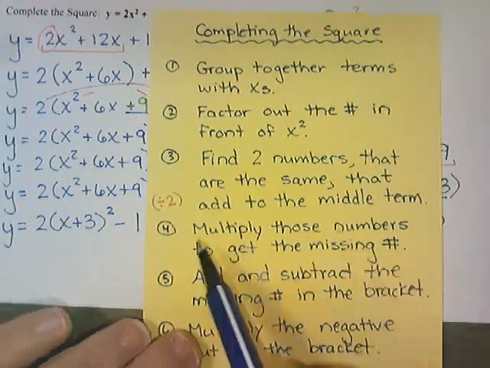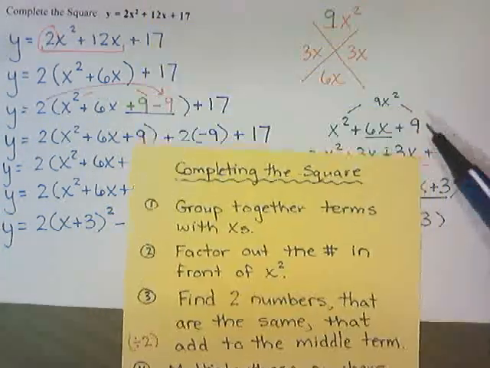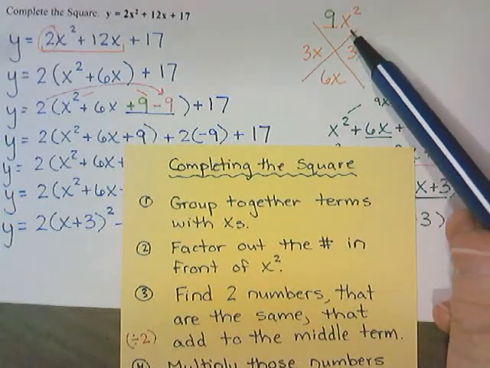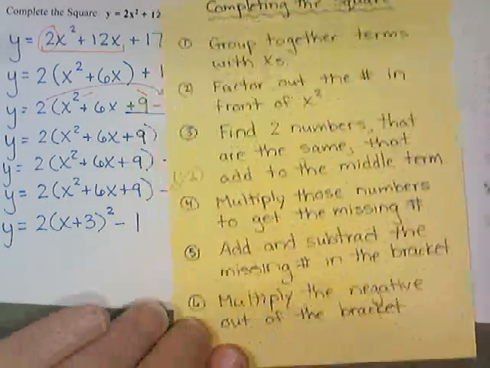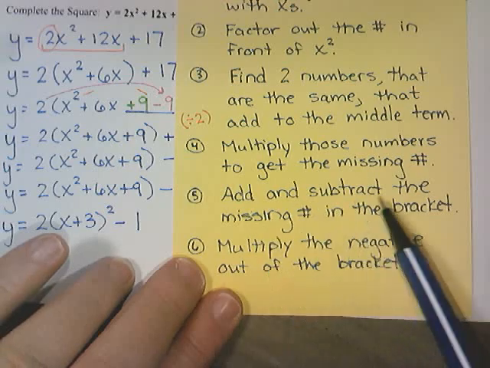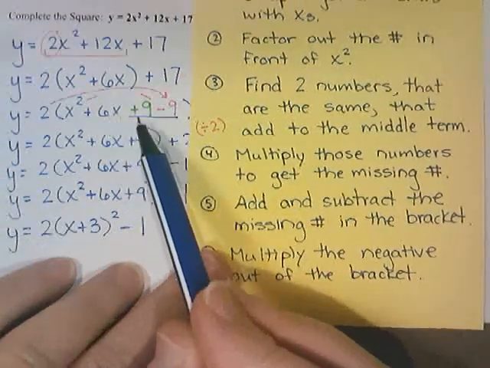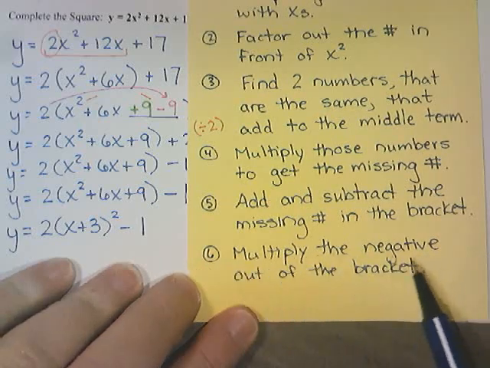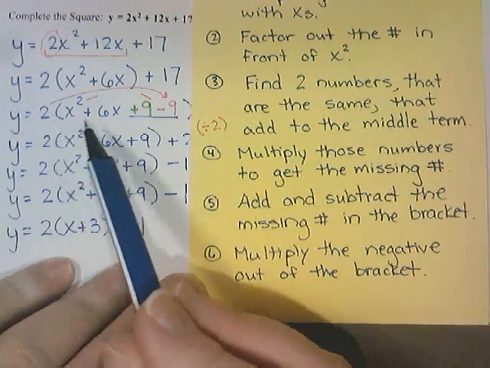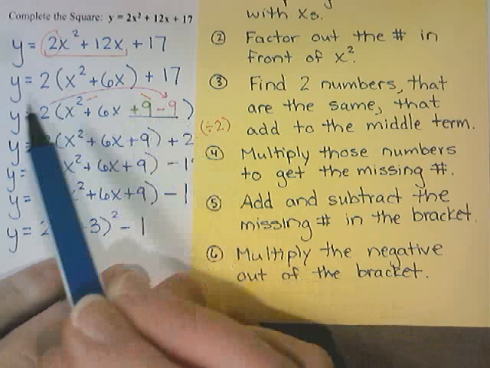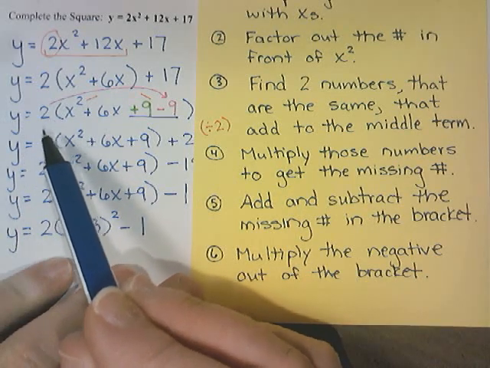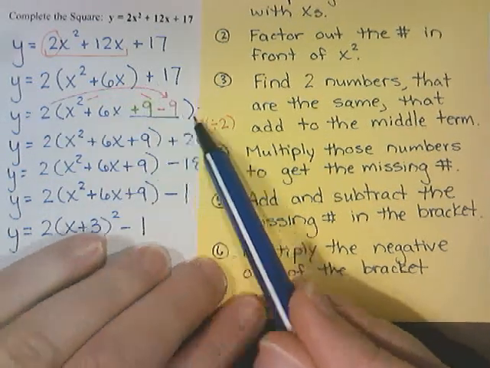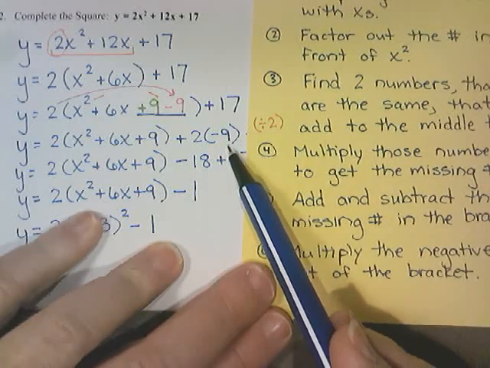And then we are going to multiply those numbers to get the missing number. So I multiplied 3 times 3 to get 9. And then we add and subtract the missing number in the bracket. So we did that. We added 9 and subtracted 9. Then we multiplied the negative out of the bracket. So I didn't want the -9 in the bracket. It's there to show that we're multiplying by 2. So I did 2 times -9 to get that out of the bracket.